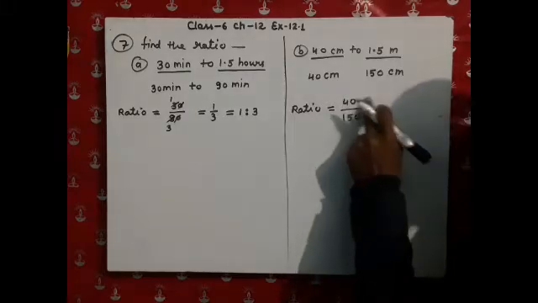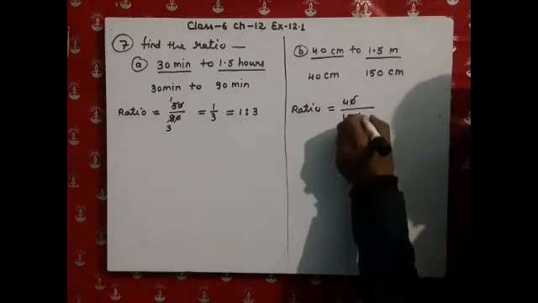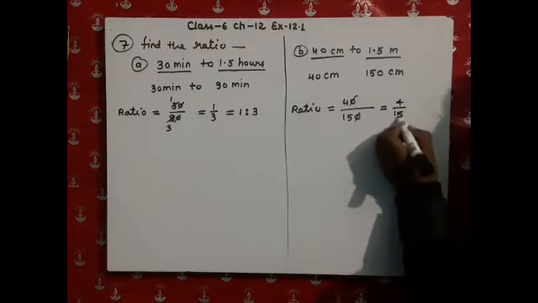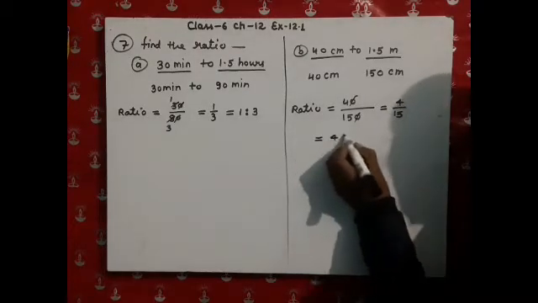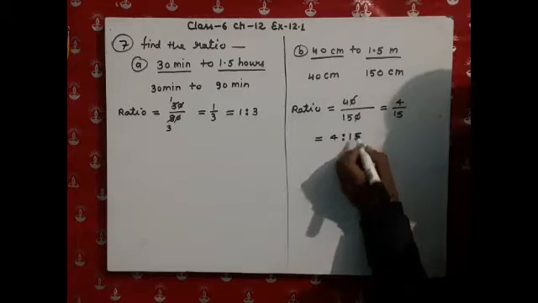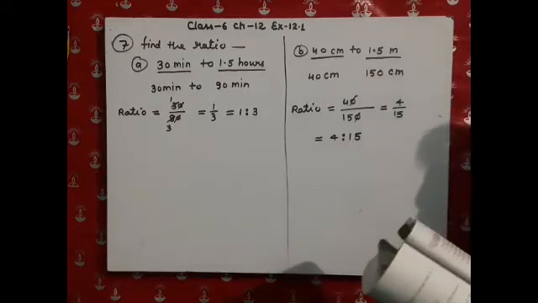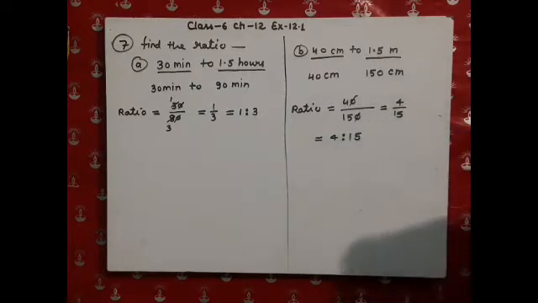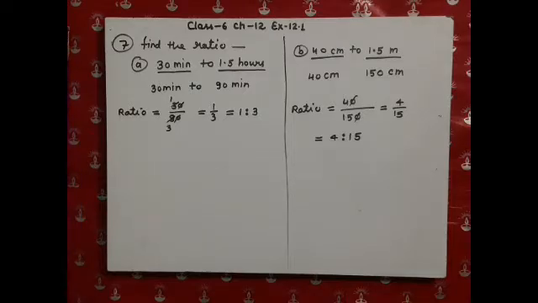Now centimeter reduces, 0 0 cancel. So it becomes 4/15. So ratio becomes 4:15. Now you have to do the remaining two parts. C and D parts are remaining, so you have to do it by yourself. Similarly, in changing the ratio, whatever numbers are given, you have to convert into the same unit. Then you have to solve it.